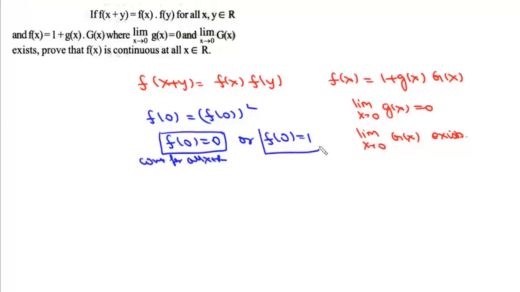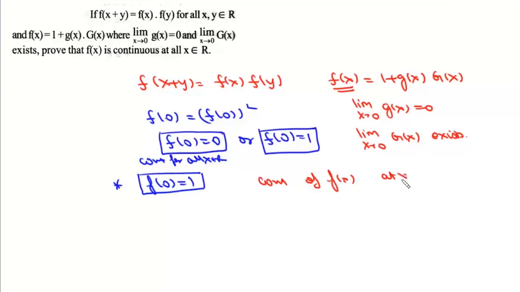Now what if f(0) is 1? So we'll take this case when value of f(0) is 1. Now we'll check for continuity of f(x) at x equals 0. Now f(0 negative) will be 1 plus g(0 negative) into G(0 negative).